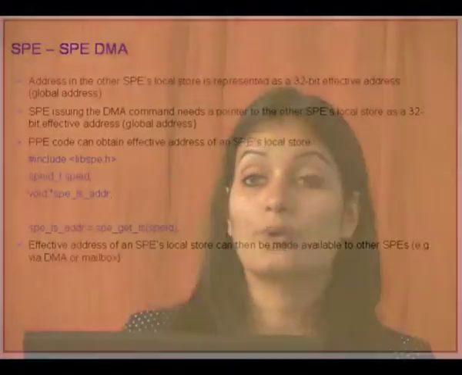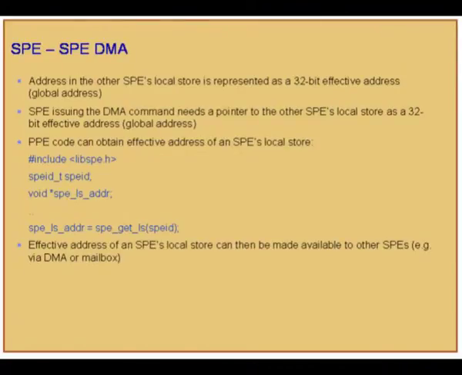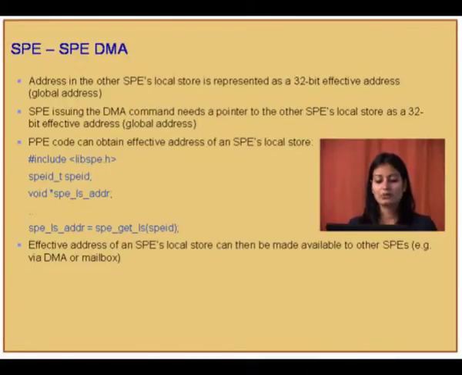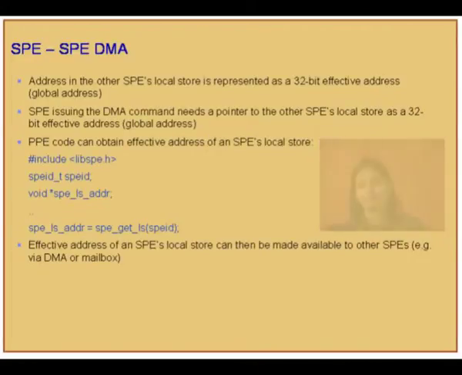And how do you transfer data between SPE and SPE? One SPE doesn't know what the other SPE's address is. The way you can do it is that the PPE, however, knows all the SPE IDs and the address offsets. Say I'm SPU2 and I want to send data over to SPU4. There's no point sending the data over to the PPU and then the PPU sending it over to SPU4.